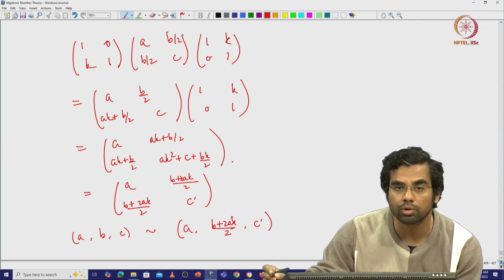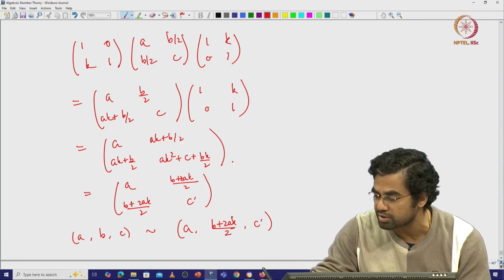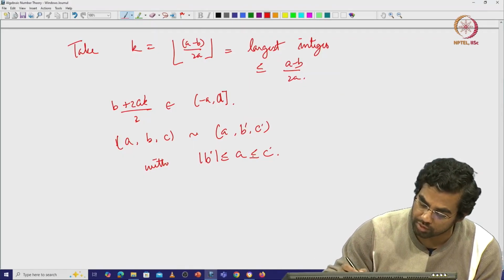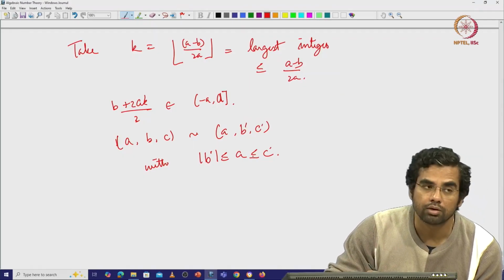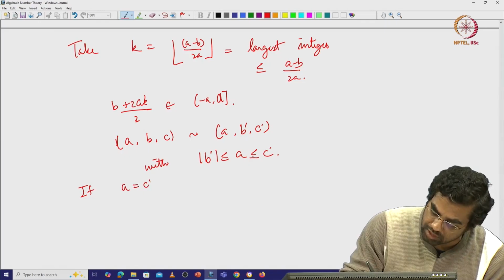So, if you put the value of b in this, you will realize that c prime is still bigger than a. Okay. So, this is almost reduced except when you have equality. So, if a is equal to c prime.